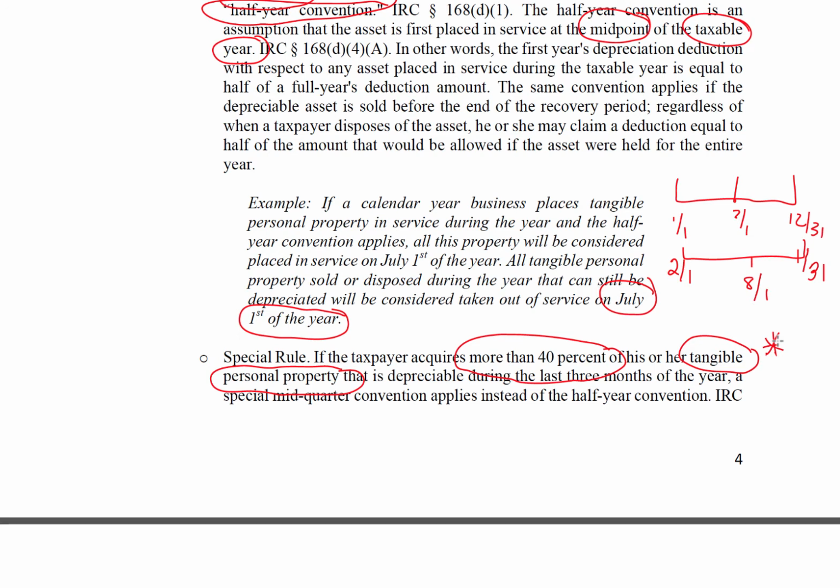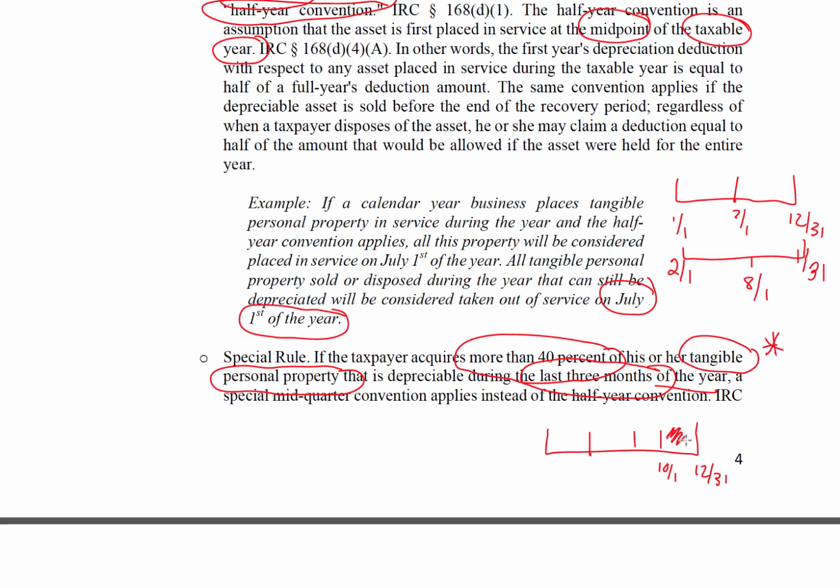If more than 40% of tangible personal property is placed in service by the taxpayer during the last 3 months of the year. So if it's a calendar year, the last 3 months, right? If we have a year, you can break it into quarters. So we're talking about the last 3 months. So this is October 1st to December 31st. So we're talking about October, November, December, the last 3 months, right?